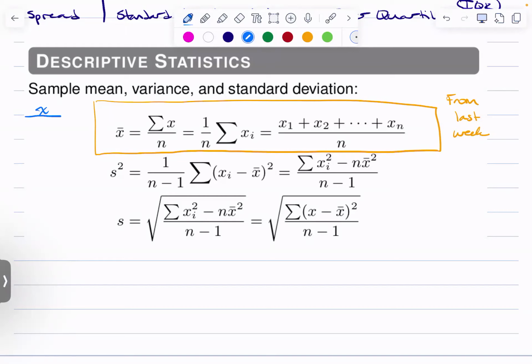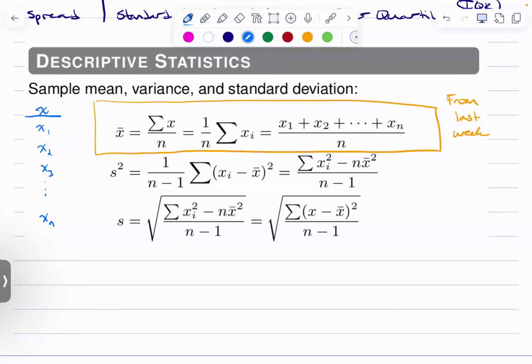This is the column in your spreadsheet, if you want to imagine that. And then you have your X subscript 1, X subscript 2, X subscript 3, all the way up to X subscript N. All of these little subscripts just denote that this is the measurement from observation 1, this is the measurement from observation 2, 3, all the way up to the nth observation, which is your sample size.